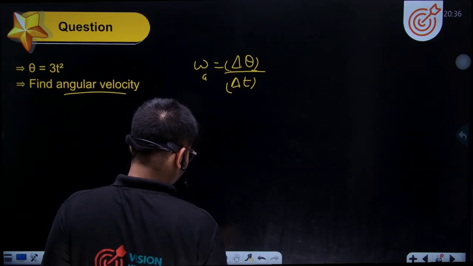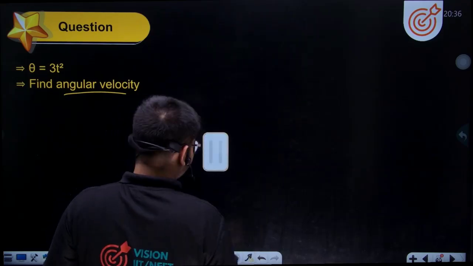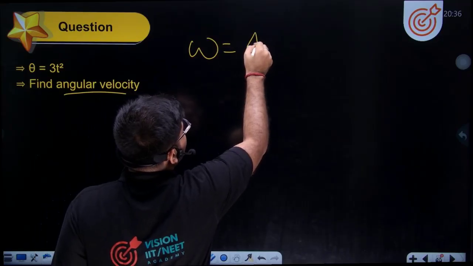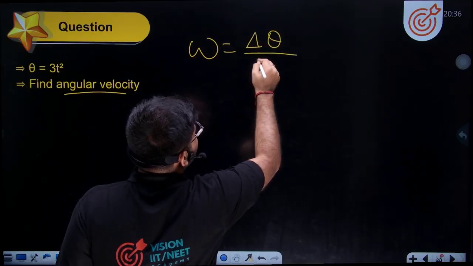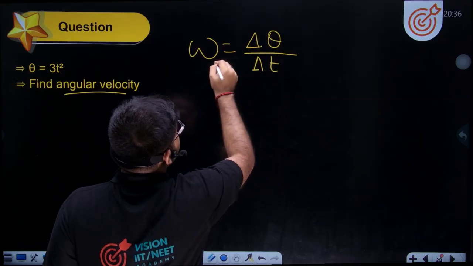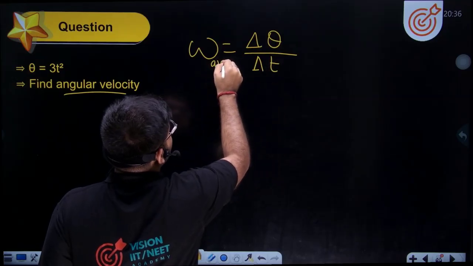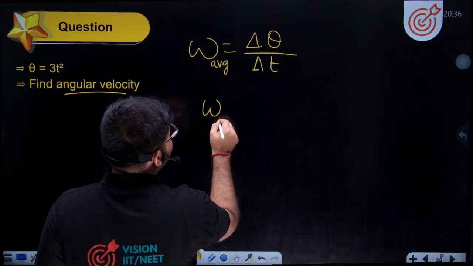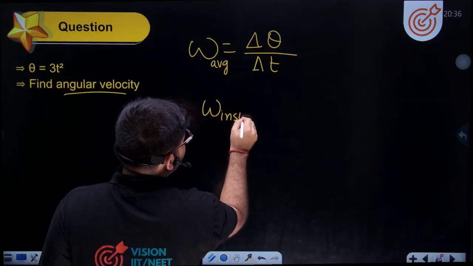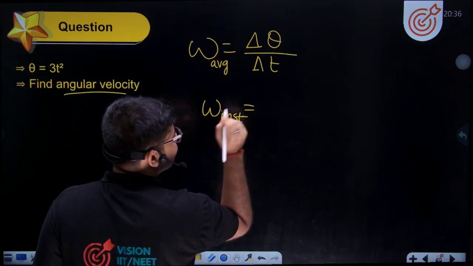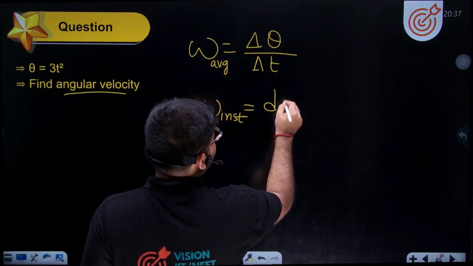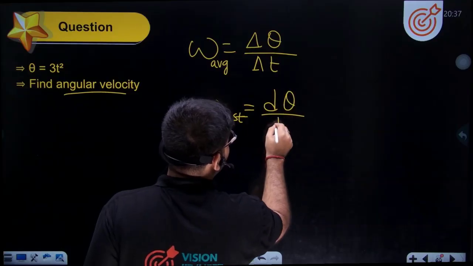Omega is equal to delta theta by delta t, and this is average. Now when my delta t tends to 0, then at that time I am finding the instantaneous angular velocity, and I can write it as d theta by dt.